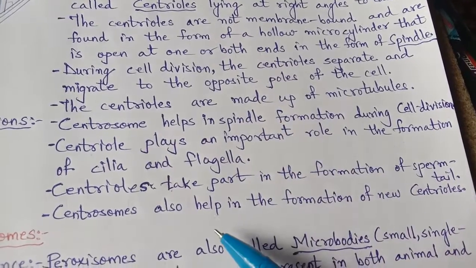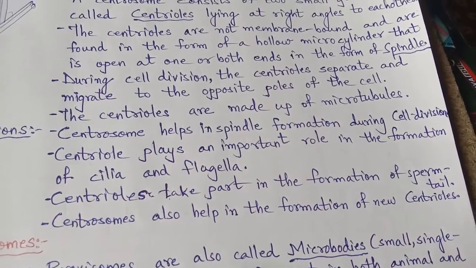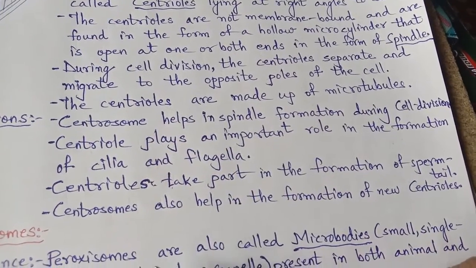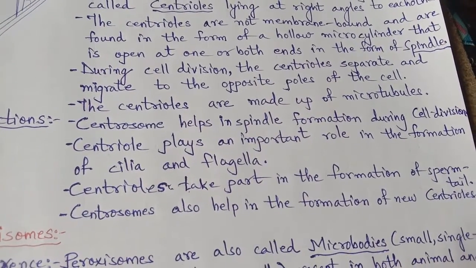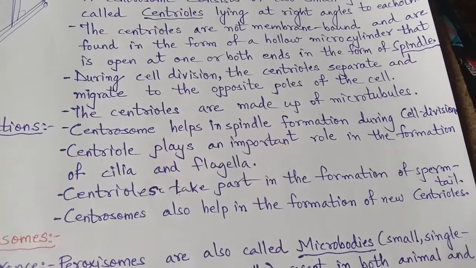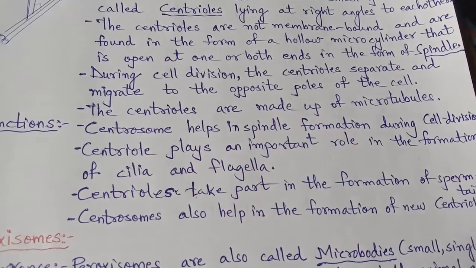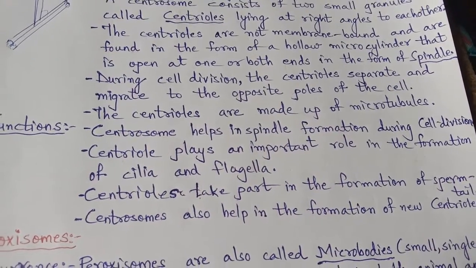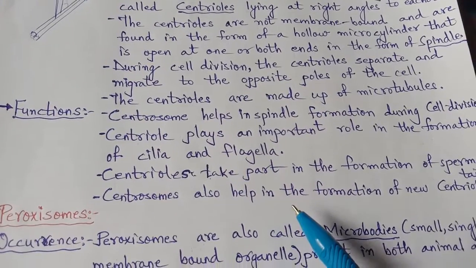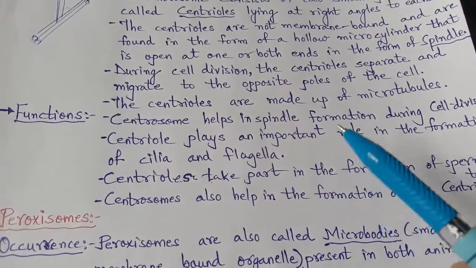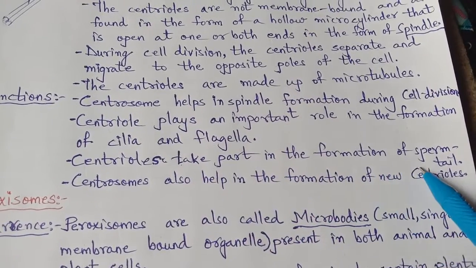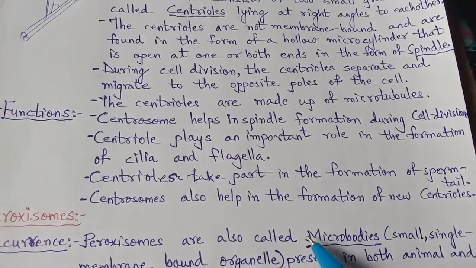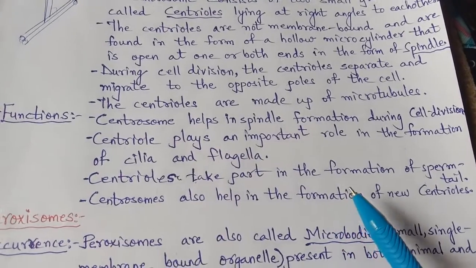There, if you see in prokaryotic and eukaryotic, one tail-like structure is there. That is the flagella. And in some organisms, very small hair-like structures on the whole body surface are there. That is cilia, which helps the body to locomote, that means to do the motion. Centrioles take part in the formation of the sperm tail.